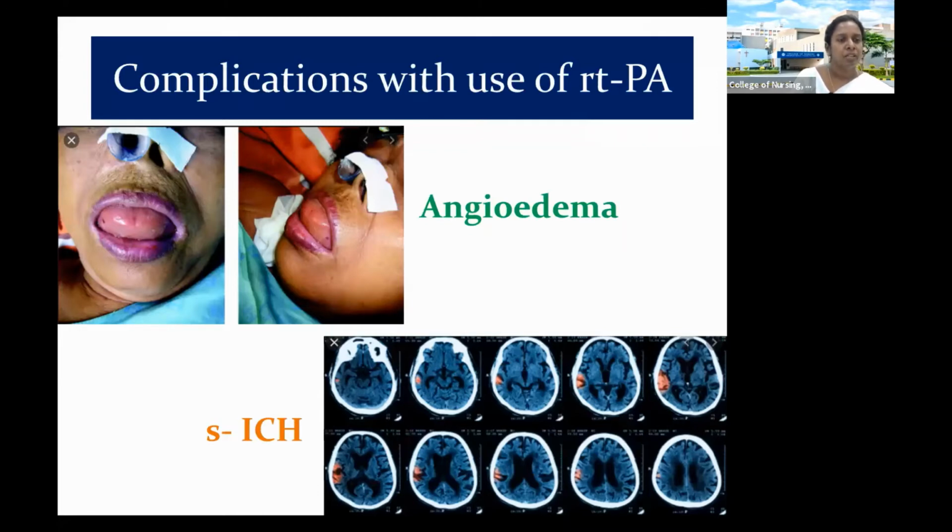the ICU. The other thing is the drug being a fibrinolytic and a thrombolytic agent, spontaneous intracerebral hemorrhages can happen. Spontaneous bleed within the brain can happen. These are the two main things. If it is suspected, then we have to stop administering the injection.